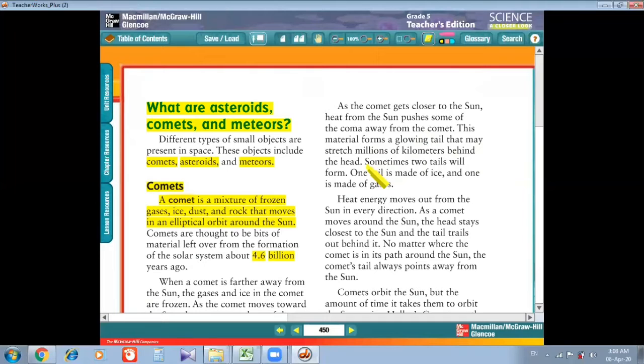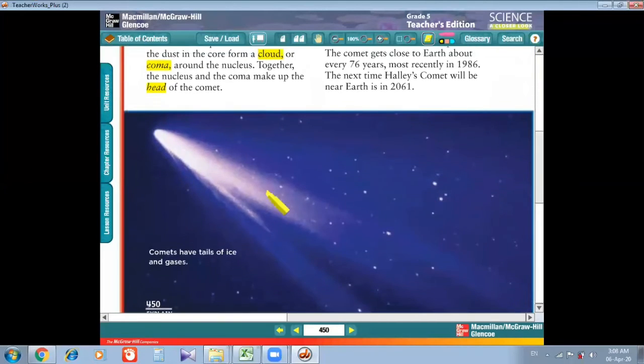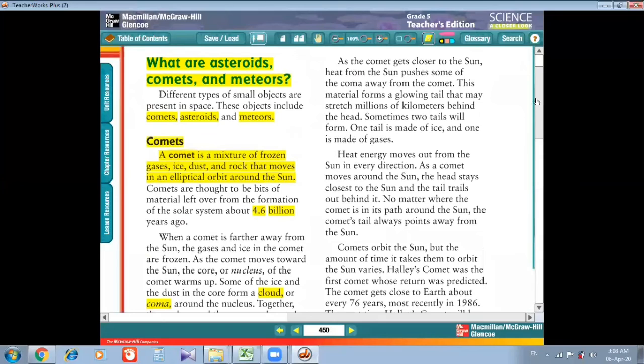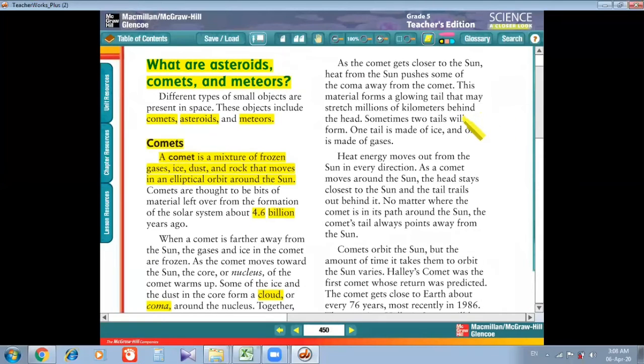As we can see over here, this is the glowing tail. Sometimes two tails will form. Sometimes one, sometimes two. One tail is made of ice and one tail is made of gases.